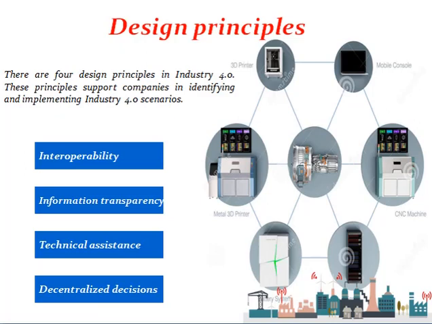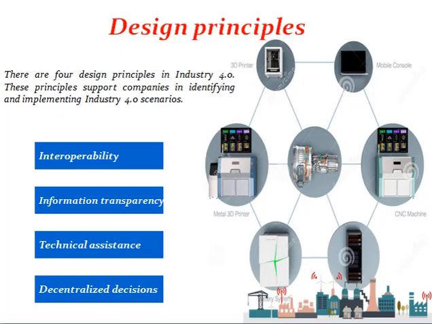So it is supposed to have some design principles, and these design principles will be implemented in the process to get the required output. There are four design principles which we are supposed to consider in industry 4.0, and these principles support companies in identifying and implementing the scenarios of industry 4.0.